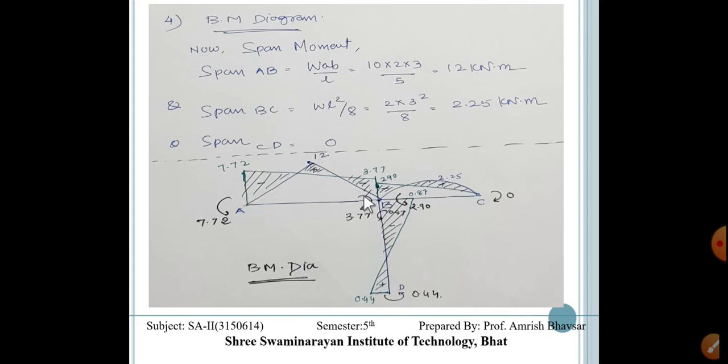So we have to join this line. So this shaded area is the bending moment diagram of AB span.